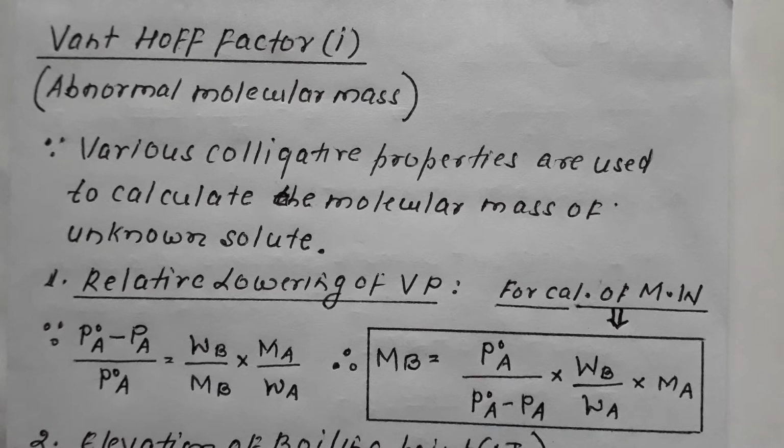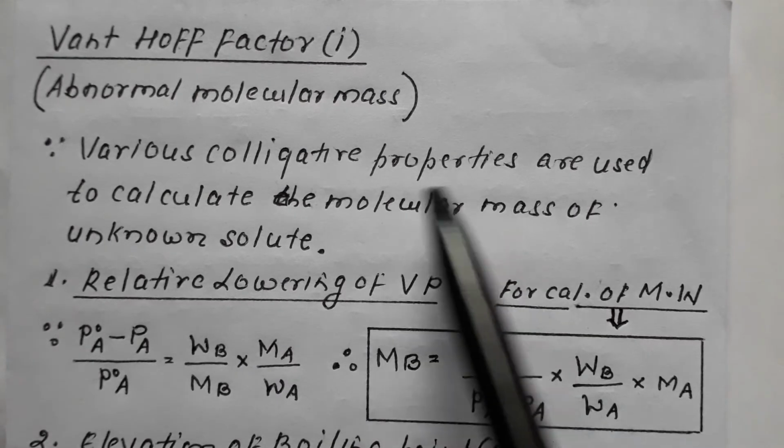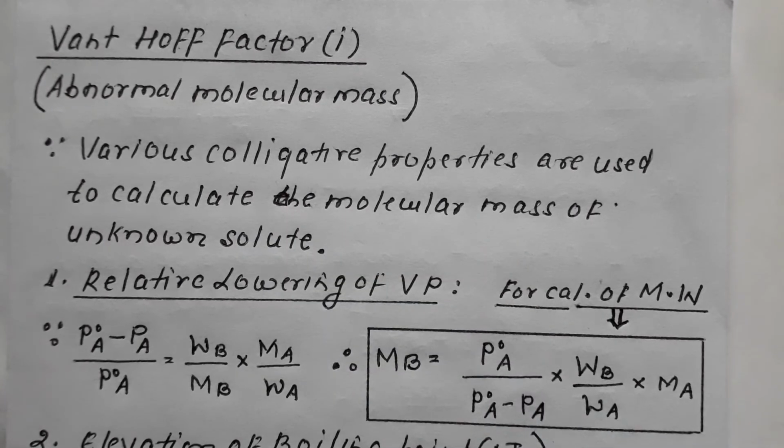But if the substance which is used as solute associates or dissociates in the solution, then the number of particles changes. So what is a colligative property, as we have done? Colligative properties are those properties which depend upon the number of particles and change with a change in the number of particles.